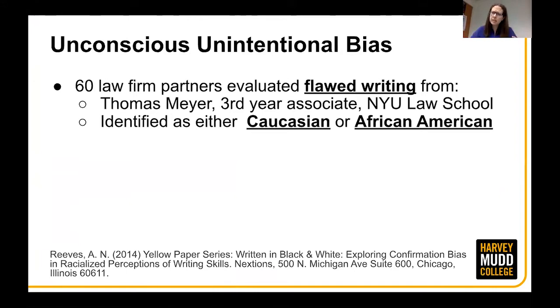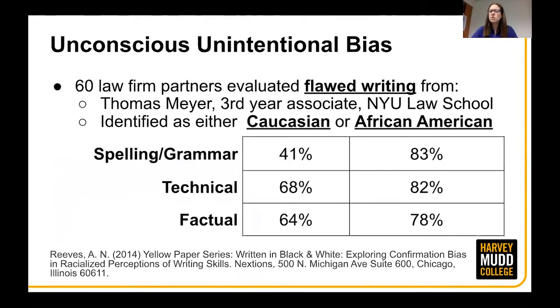Then they looked at how many of the intentional errors in these identical copies of the writing the lawyers found. When the lawyers thought that the person was Black, they found more of the intentional spelling and grammar errors, more of the intentional technical errors, and more of the intentional factual errors. The errors were in intentionally identical copies, and they were just more vigilant and saw more of them when they perceived the person as Black.